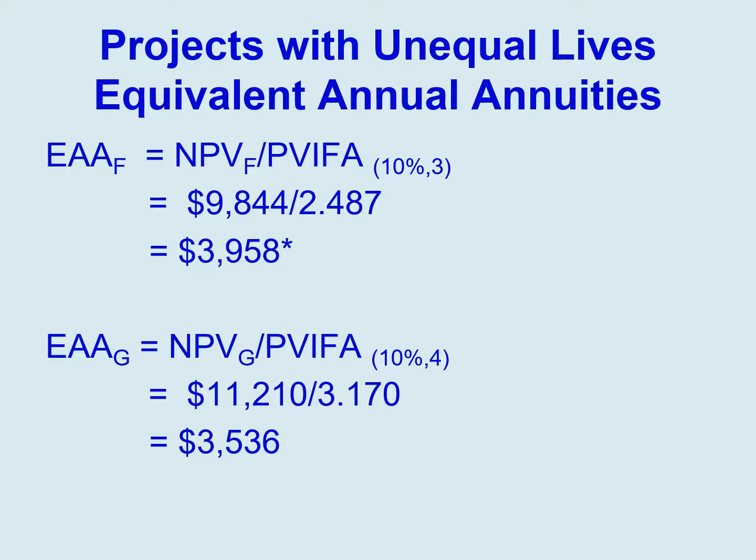So when that net present value is converted to an annual annuity, we find that project G adds 3536 in value to the firm every year. Since project F adds more value than project G, we would prefer project F. They're close, but project F is a little bit better.